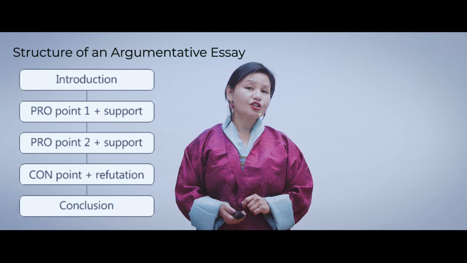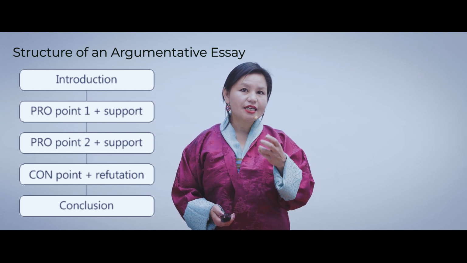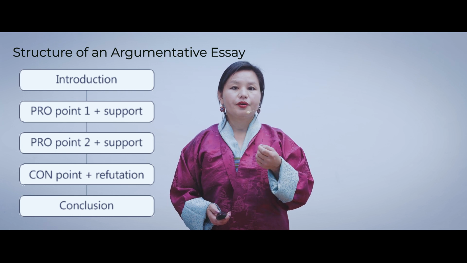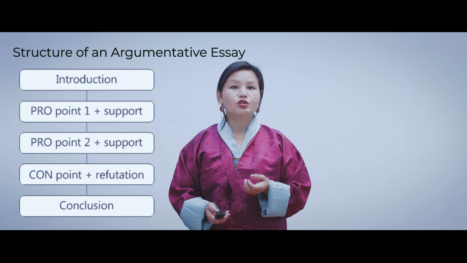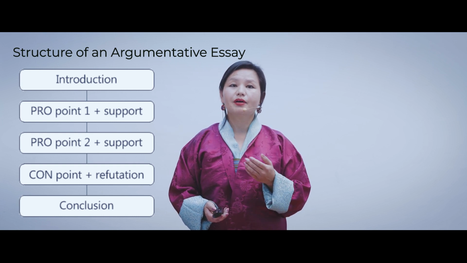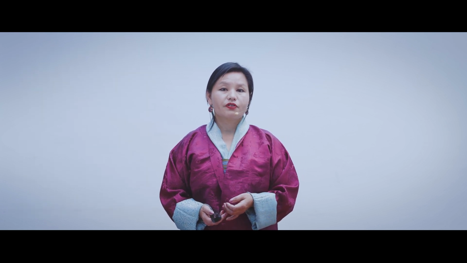So this is the conventional structure of an argumentative essay, and you will see that there are 5 paragraphs that we use to come up with an argumentative essay, but there is no hard and fast rule that you need to come up with 5 paragraphs, but usually the conventional one is a 5 paragraph specific format.